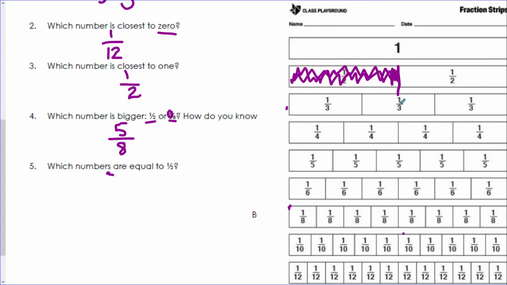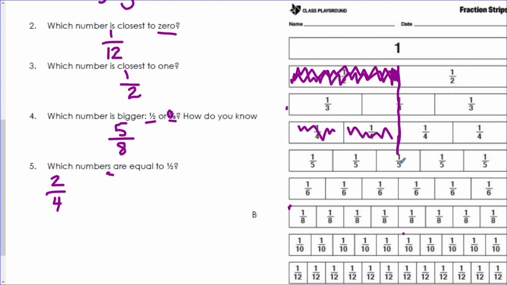I want to know which one's equal to 1/2. Well, notice that one goes in the middle of the third, so that's not going to be helpful. Oh, look, but it lines up with the fourths line. So how many fourths do I have? I have 1, 2, so I have 2/4. But remember, it says numbers, so I'm looking for more than one, so we're going to keep going.